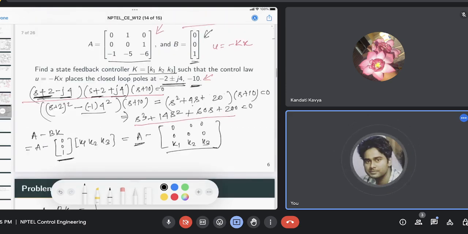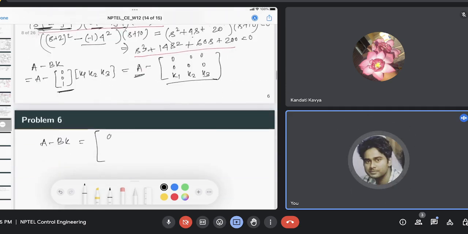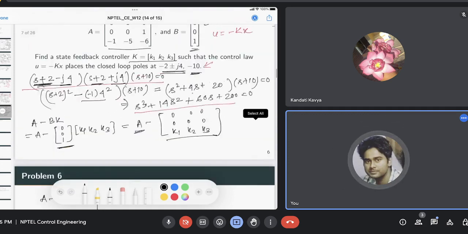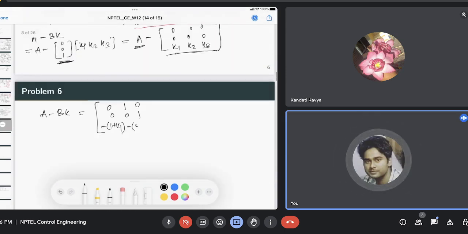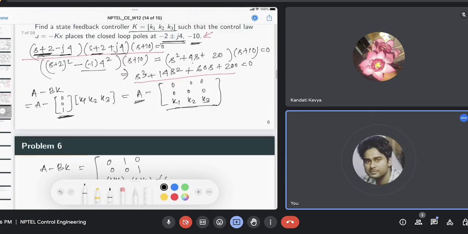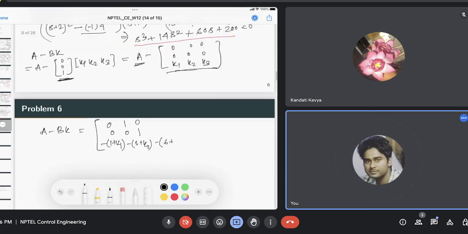So first, this is 0 1 0, 0 0 1. So k1, k2, k3 will be subtracted from the last row only because of this B form. So it is minus 1 plus k1, minus (5 plus k2), and minus (6 plus k3), right? So this is the closed loop matrix.